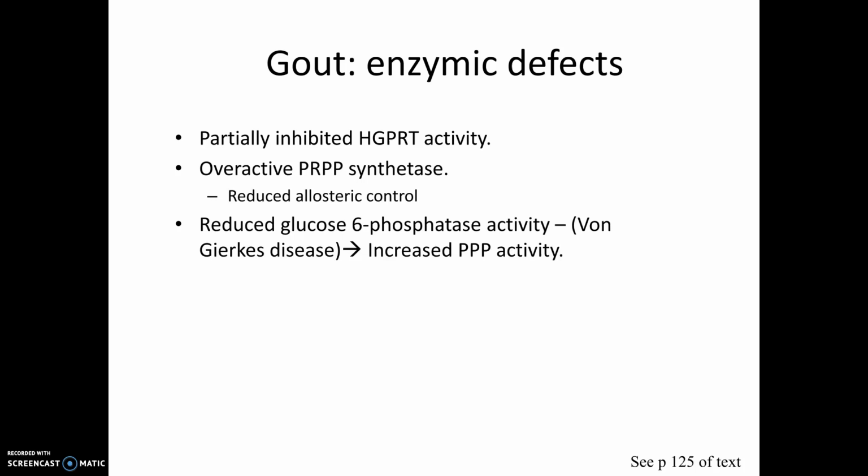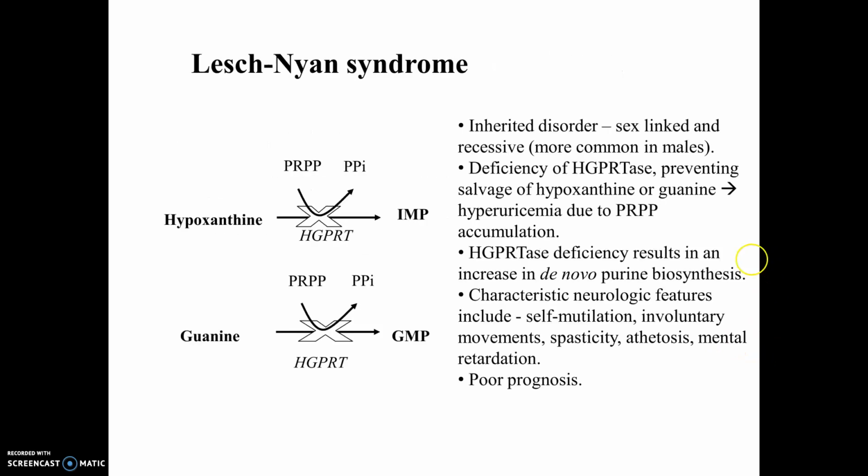If glucose 6-phosphatase activity is reduced, then that glucose 6-phosphate is funneled into the pentose phosphate pathway, leading to an increase in pentose phosphate pathway activity and ultimately an overformation of uric acid. Lesch-Nyhan syndrome, I'm going to leave you with these slides.